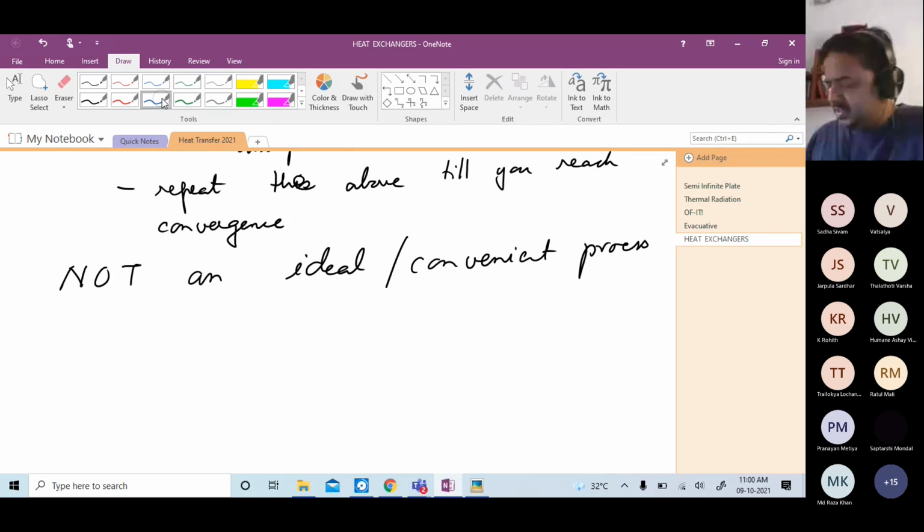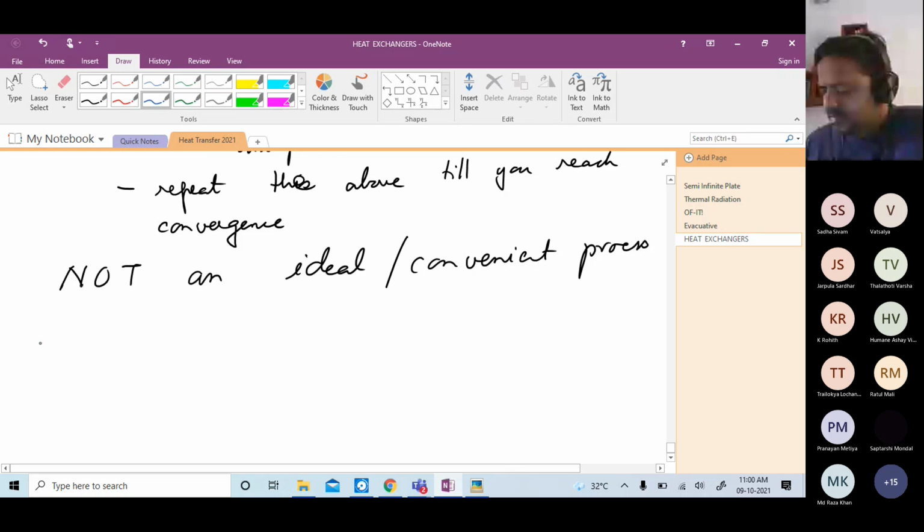So this is where the epsilon-NTU method helps eliminate this iterative process. Okay.